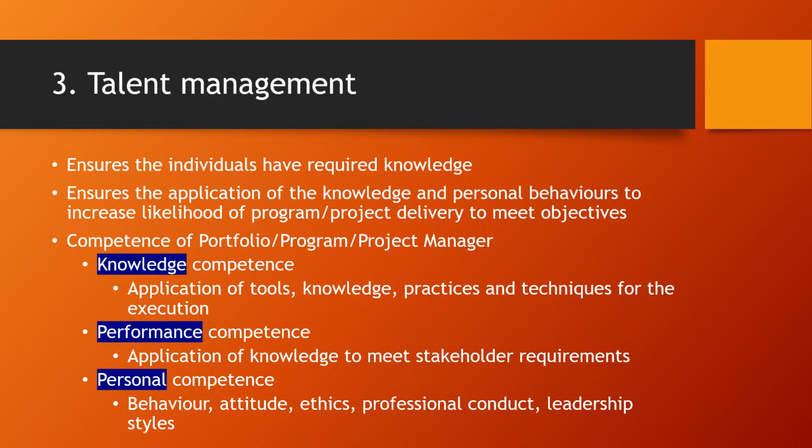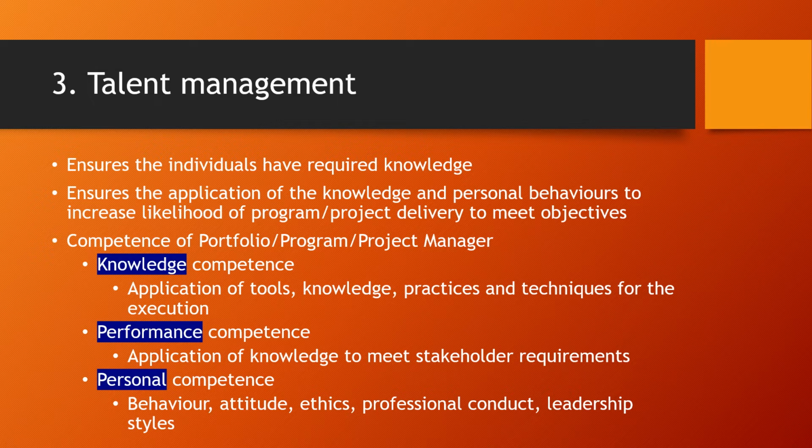The third one is talent management. Talent management ensures individuals have required knowledge, right? So we have knowledge management, we have a knowledge platform in place. Talent management ensures that people are acquiring that knowledge, either by way of training or self-learning, whatever the way it is. It's not only ensuring that people have knowledge. It's more than that.